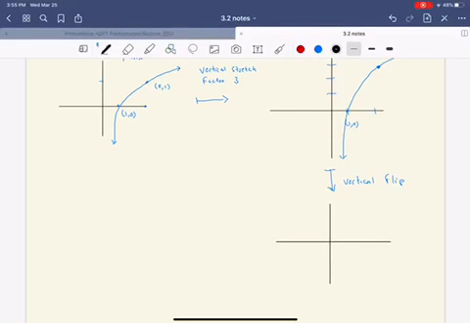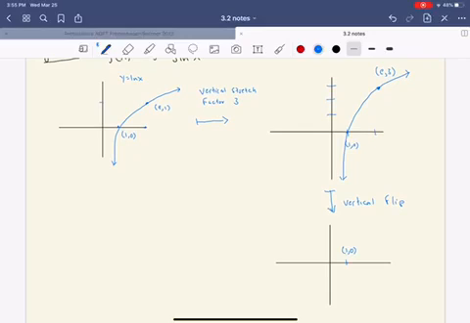Okay, so 1, 0 stays 1, 0, but now the point e, 3 becomes e, -3.